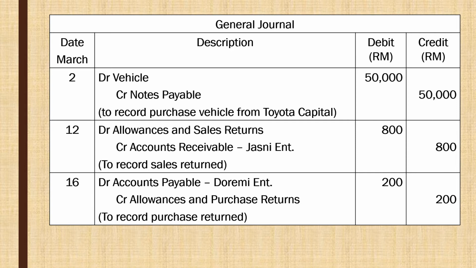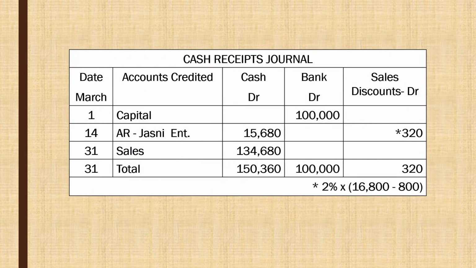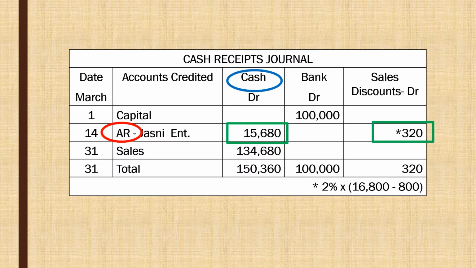In General Journal, we find that accounts receivable is on the credit side, amounting to 800 for allowance and sales return. In Cash Receipts Journal, we find that accounts receivable is on the credit side, amounting to 15,680 for cash and 320 for sales discounts.